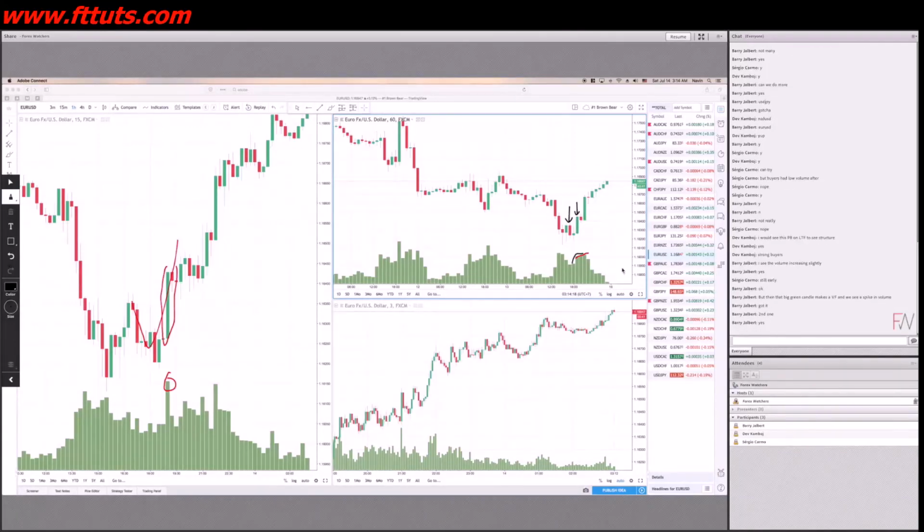Now, the second one, now that it's more confirmed, also comes with your price action assisting you by saying what? V formation and higher low. So higher low means what?